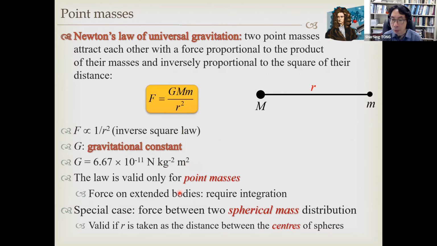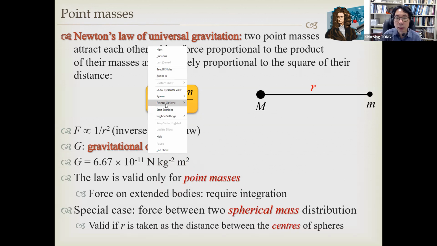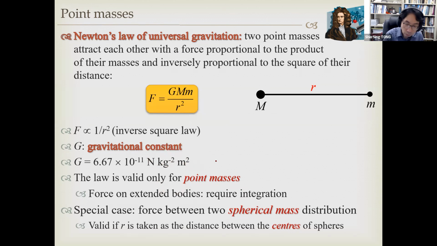The force on an extended body, if you want to find that, you need an integration. Now, for example, let's consider the gravitational force between a point mass, which is a very small mass here, and an extended body. Now, why is it not obeying the law of universal gravitation like this?